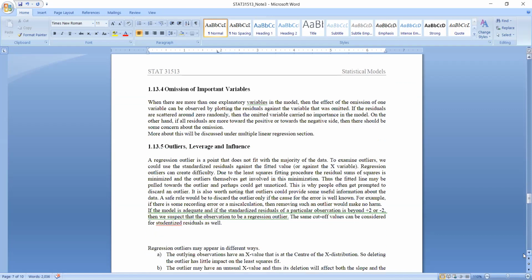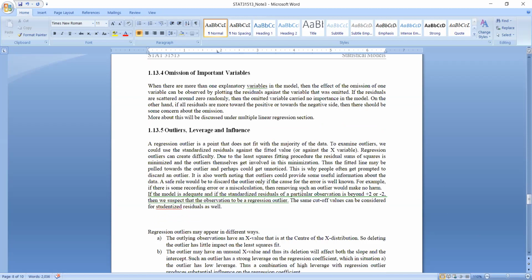And also another thing, now I told you when it comes to simple linear regression, we have only one x variable, but when it comes to multiple linear regression, we have so many x variables. Now, at that point, we can check what will happen if we omit a particular x variable, right?